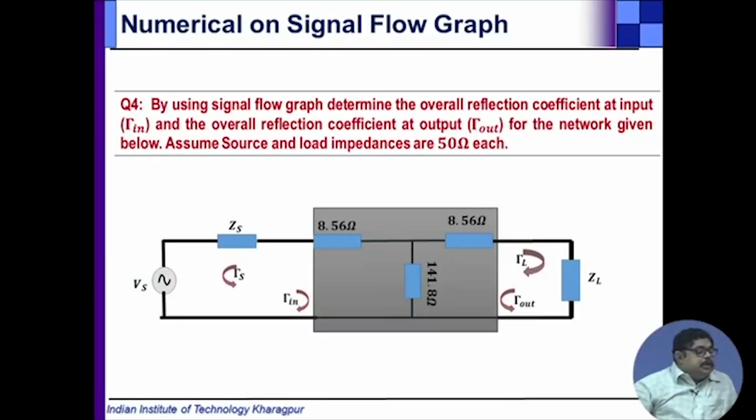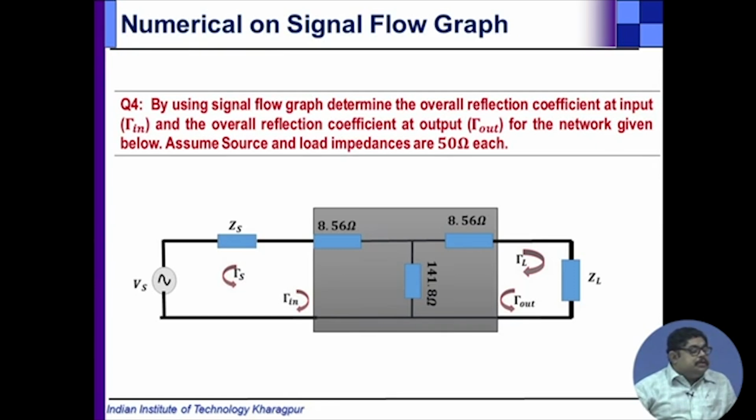Now, the signal flow graph problem. Suppose this T matrix was given in an earlier problem also, and you have also a loaded network, that means a ZL is connected, ZS is connected. So, find out the reflection coefficient at both input and output.